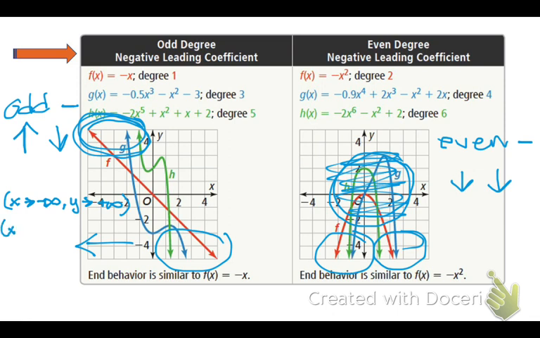And as x approaches positive infinity, what's y doing? As the x's go this way, the y's are approaching negative infinity. So you can write it like that if you want, but isn't it easier just to do this? That's the left and right hand behavior, isn't it? Okay. Questions, guys?